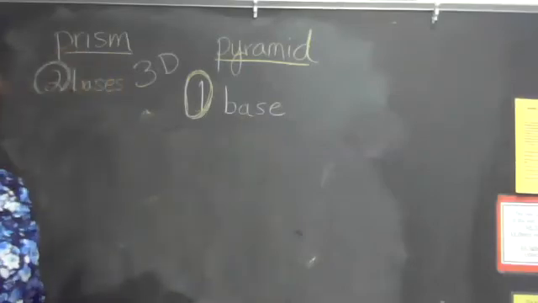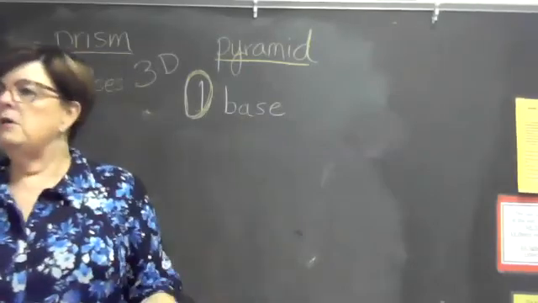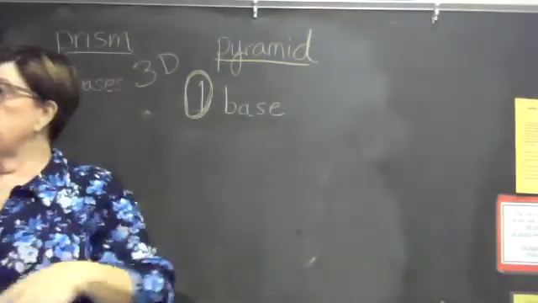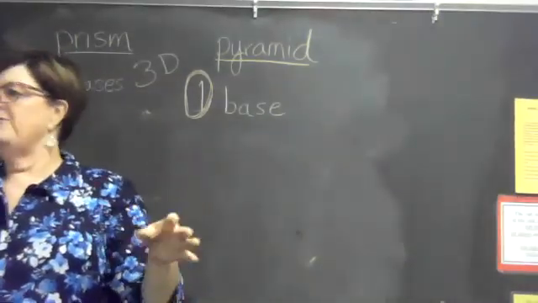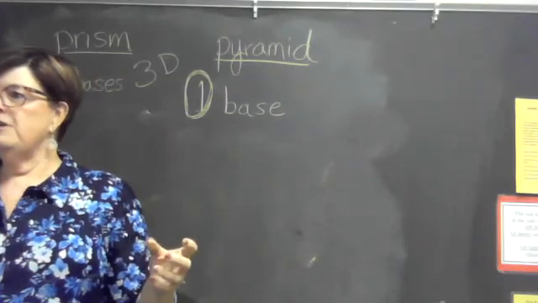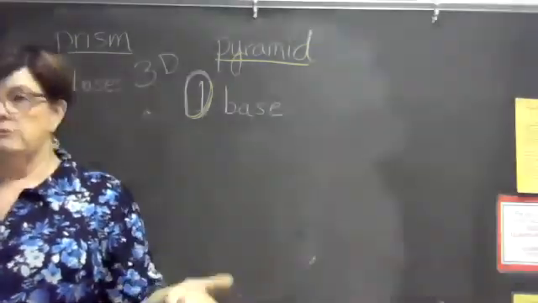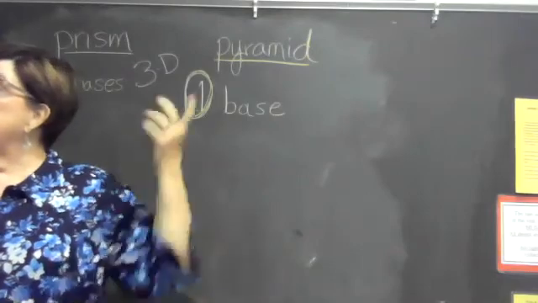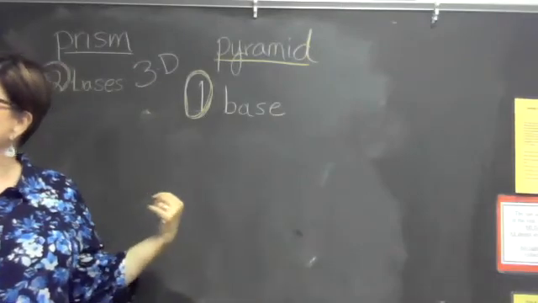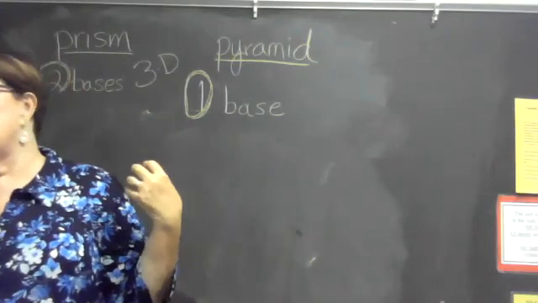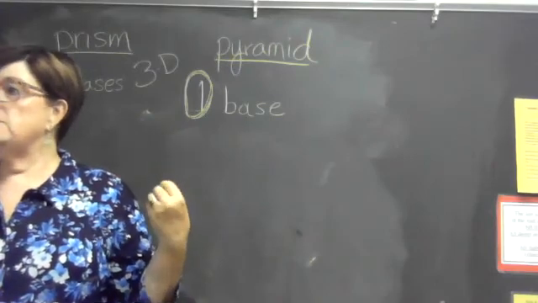You remember when we talked about polygons. They had sides, and we did a bunch of stuff with polygons that had straight sides. And then I said, but what if the sides aren't straight? What if they're curved? Makes a circle, right? Well, in 3D solids, there are also solids that have curves in them instead of all straight lines.